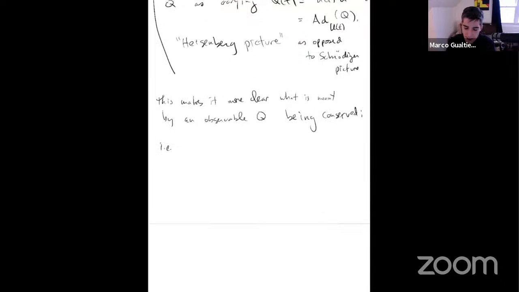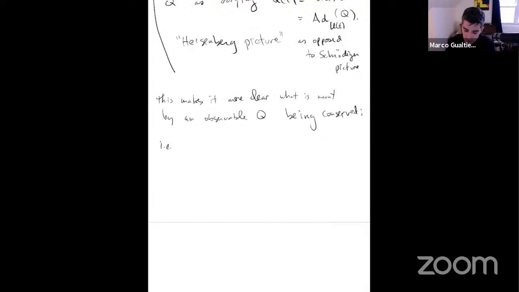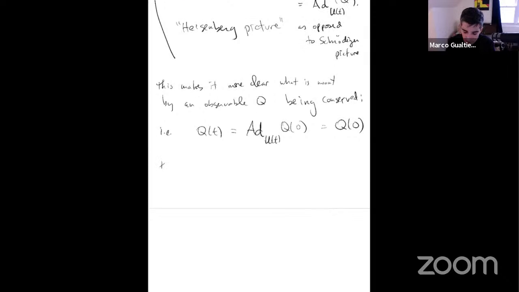It means that Q of t, if you define it to be the adjoint action of the propagator on Q of 0, should be just equal to Q of 0. The observable does not change in time. Okay, and this follows immediately from little ad of H applied to Q equals 0.